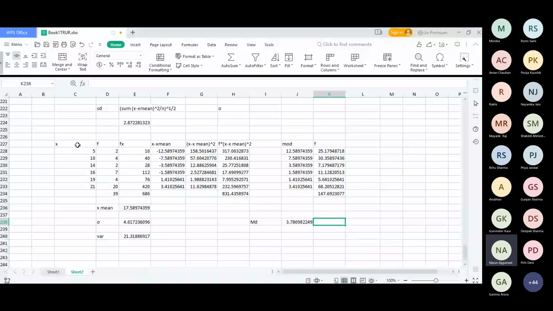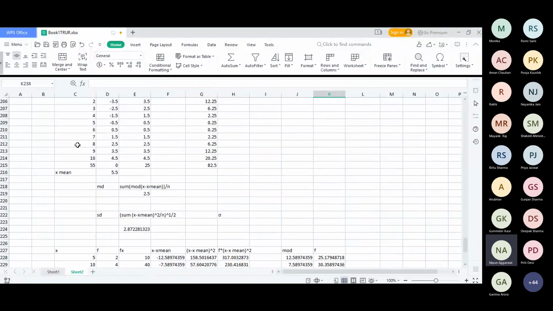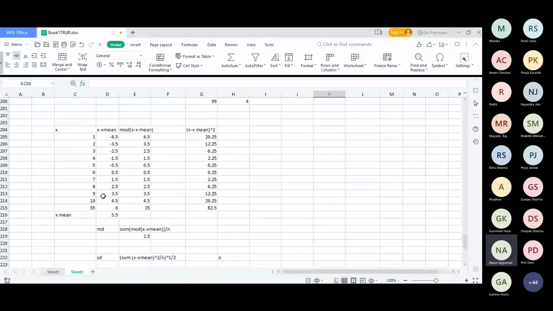But one thing: if we want to calculate the standard deviation about the mean, that is one case. If it is about the median or mode, the only difference comes in here. Let's suppose we have calculated it about the mean. If we want to calculate about the median, instead of calculating the mean here, we have to calculate the median, and that value will be replaced with x bar.